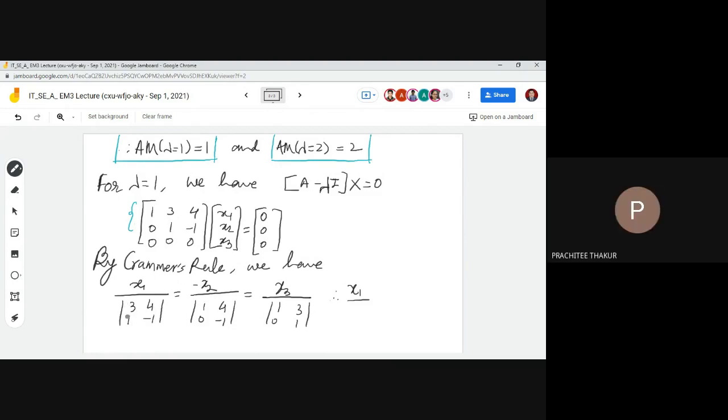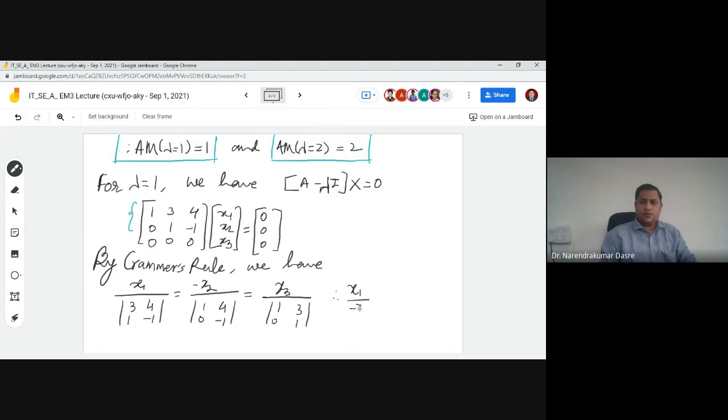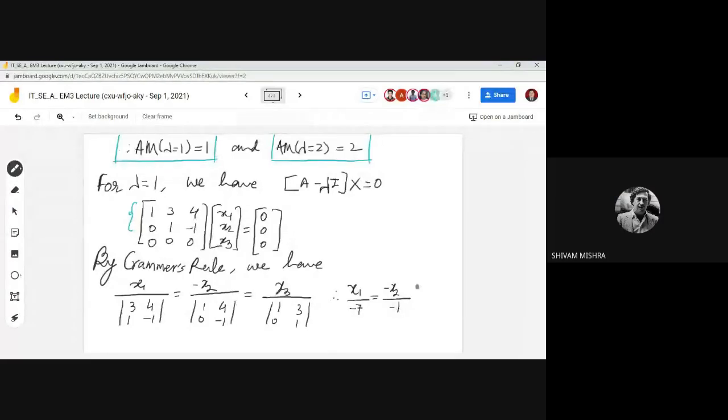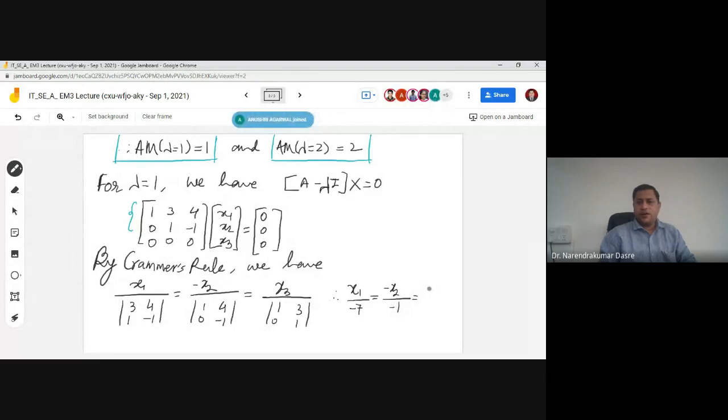Minus 7. Okay, so minus x2. What is the determinant here? Minus 1. Okay, and what is the determinant here? 1. Okay, so can we cancel this minus and we can have the vector? So what is the first vector we can have? Can I write this as 7, minus 1, minus 1?